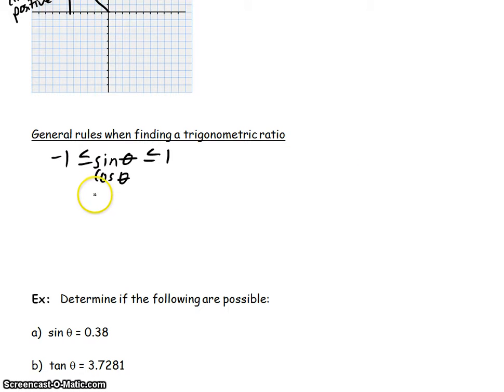And I'll get to the reason here in just a second. Tangent, cotangent can be anything. You can have tangent and cotangent be any ratio you want.